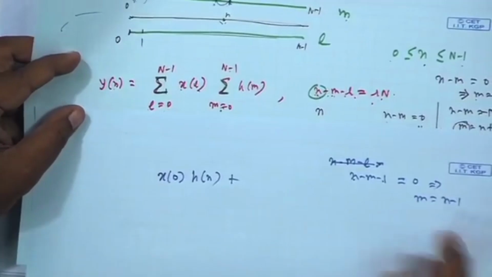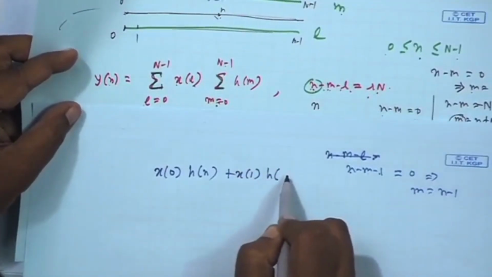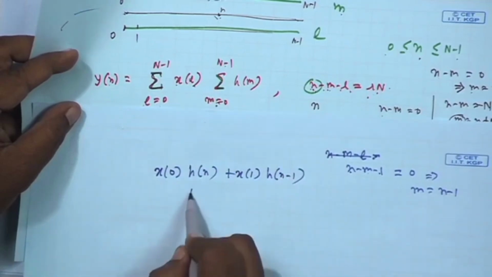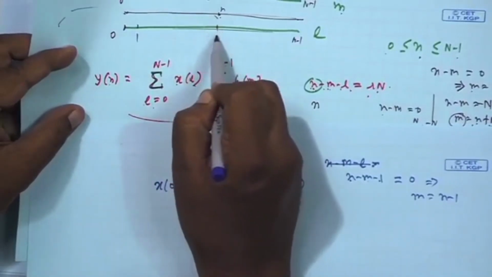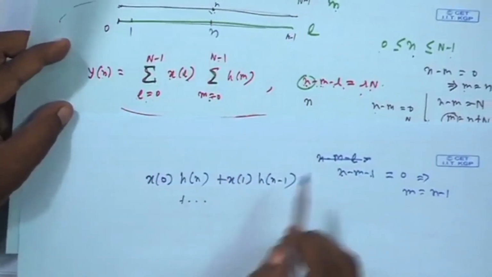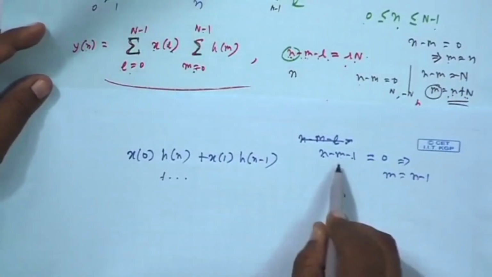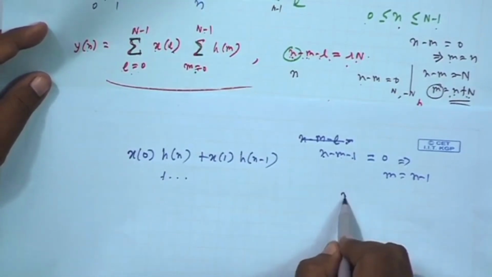So, which means when L is 1, it will be h n minus 1, and so on. When L is n, then n minus m minus L, and L is n, so you get only minus m.